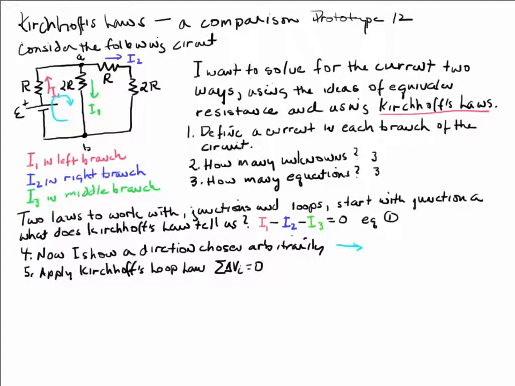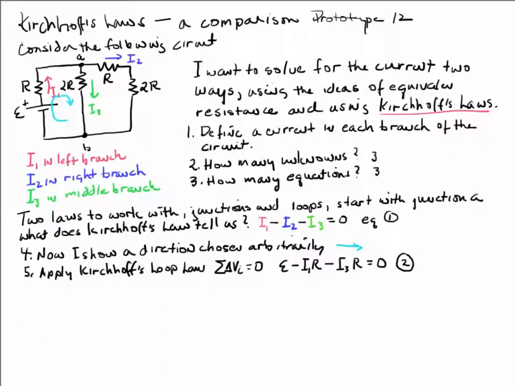Coming around back through junction A through 2R, we traverse the circuit in the same direction as I3, so that's a minus I3 2R. So the total potential differences are the EMF, minus I1R, and minus I3 2R. So write down the equation for that loop law.